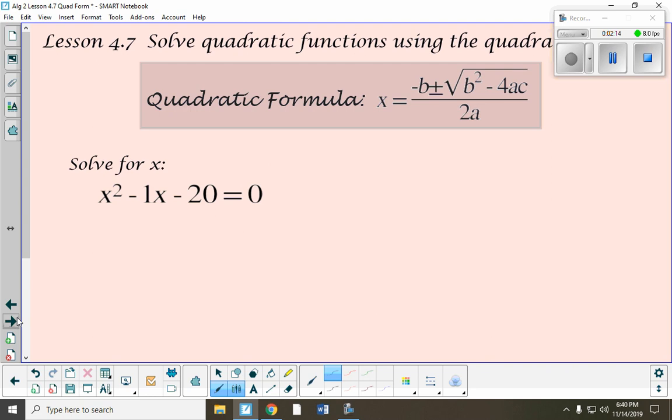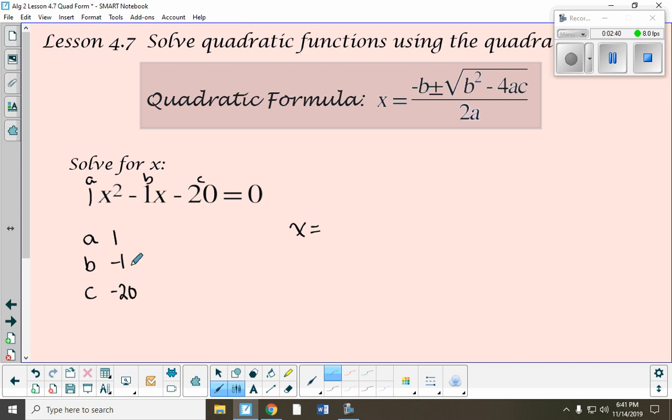So like in this problem that we were able to factor, let's look at that one. The first thing we want to do is write down the values of a, b, and c. The a is 1. In this case, the b is negative 1, and your c would be negative 20. The quadratic formula is listed up here. So x is equal to negative b, or the opposite of b.